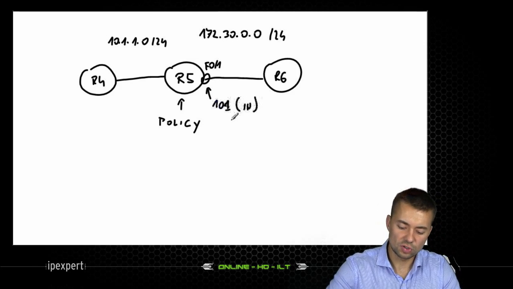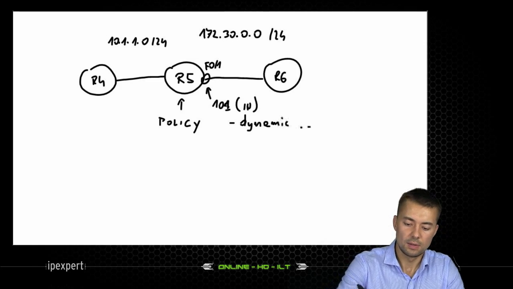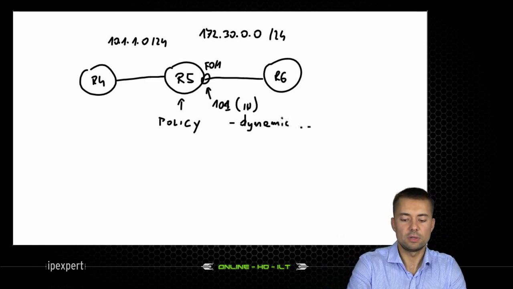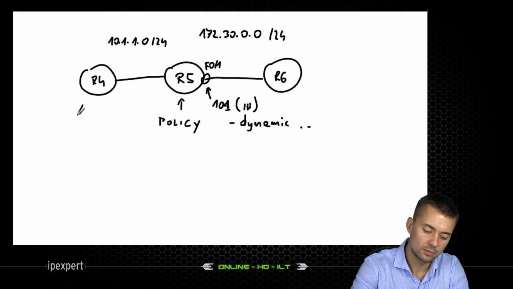And this access list is going to be configured with a bunch of dynamic entries. Any other access is going to be blocked. So initially, no one is going to be able to connect to router 4. This will be our HTTP server.